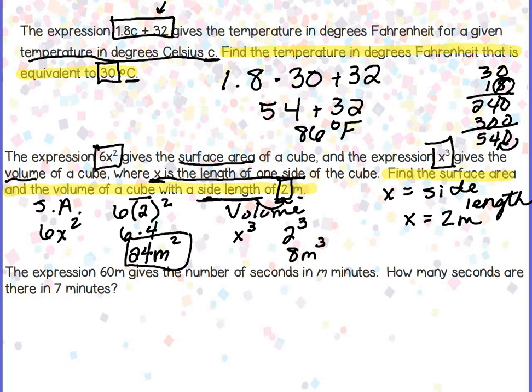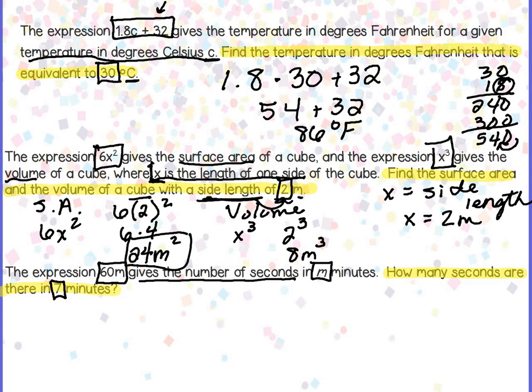And last but not least, my last question was, how many seconds are there in 7 minutes? So the expression 60 times m gives the number of seconds in m minutes. How many seconds are there in 7 minutes?